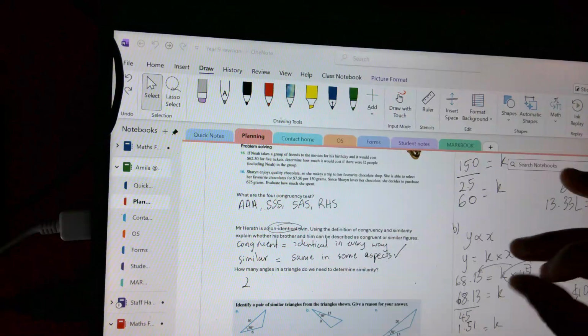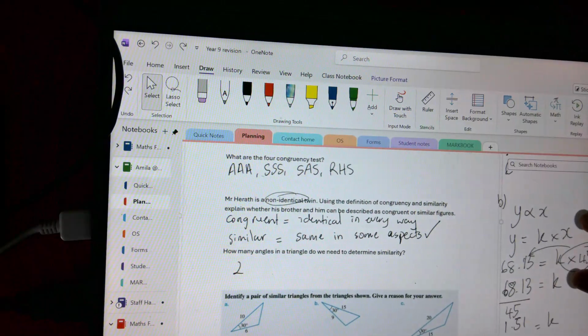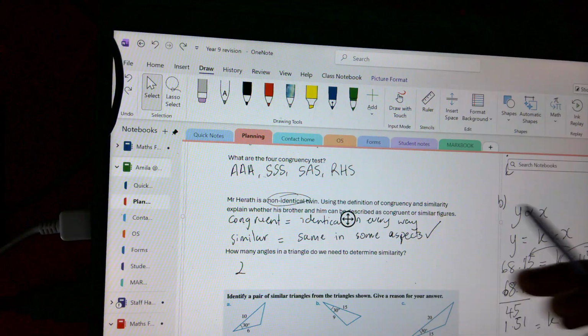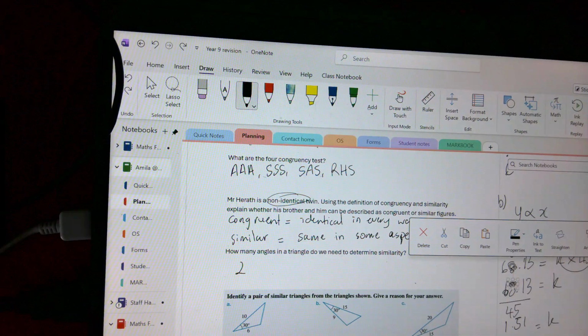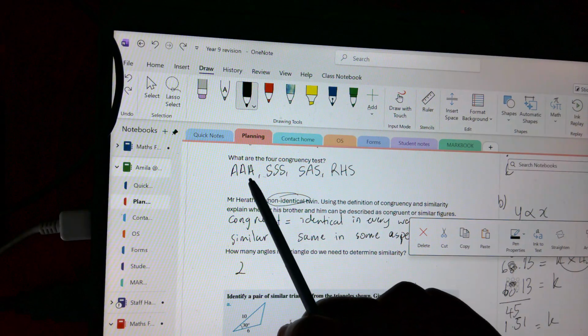Alright, back. So we know that if these triangles are similar, it's got to fall into one of these 4 tests. Because we don't have all 3 sides, we know it's not SSS. We don't have all 3 angles, so we know it's not AAA.